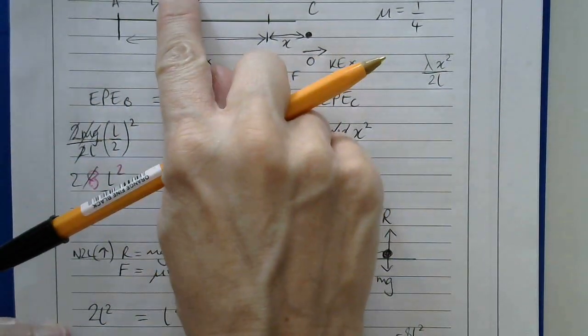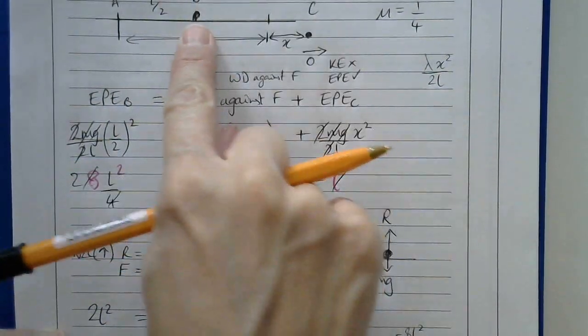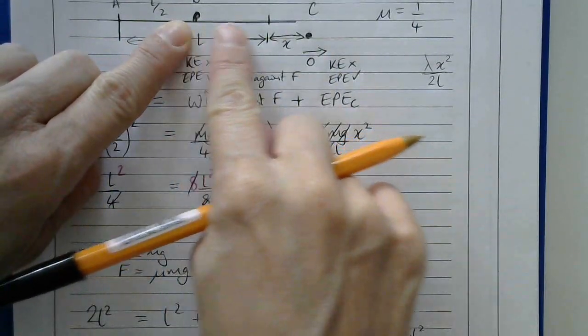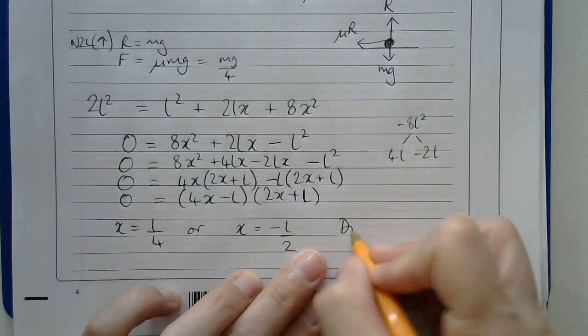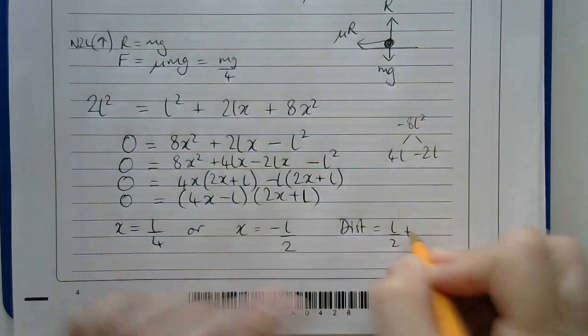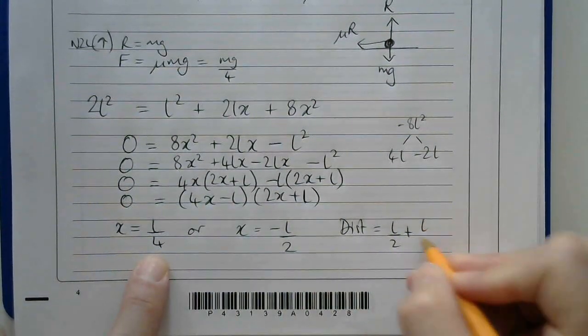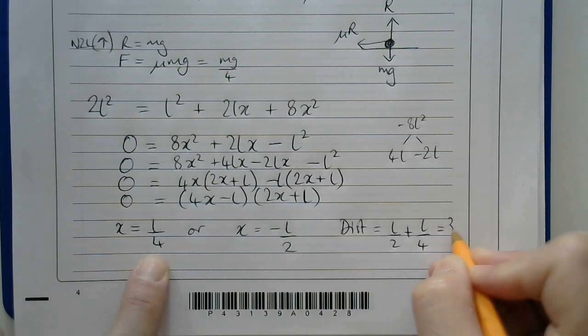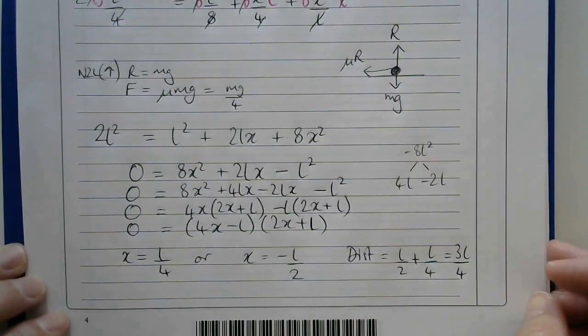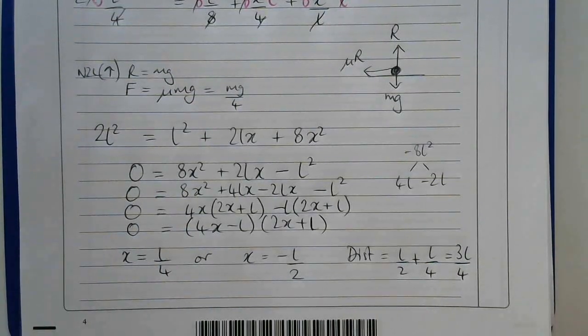Find the distance of the particle from B when P first comes to rest. So in other words, I need to do L over 2 plus x. So the distance required is L over 2 plus x, and we said that was L over 4, so I get 3L over 4 is the final distance.